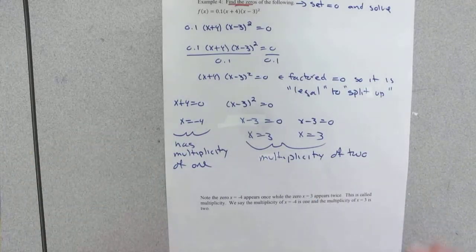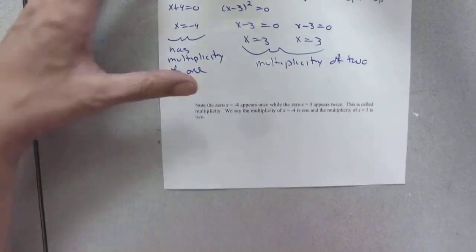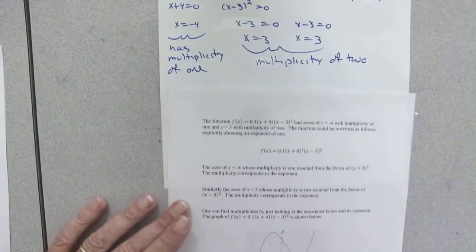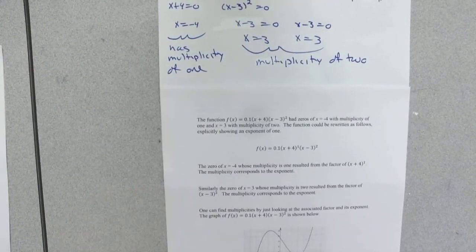Okay, working with this example some more. The function f of x equals 0.1 times x plus 4 times x minus 3 quantity squared has zeros of x equal negative 4 with multiplicity 1 and x equal 3 with multiplicity 2. We already saw that.